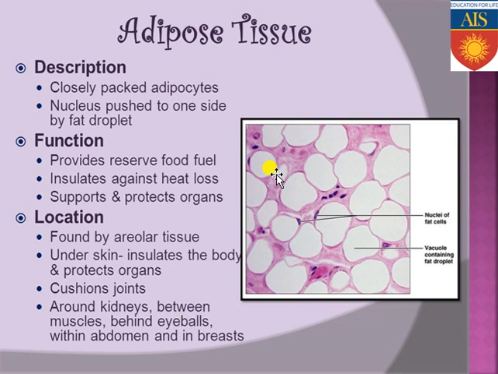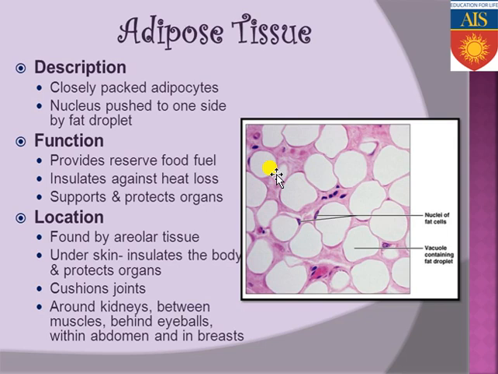Location: obviously it will be found near areolar tissue, because just under areolar tissue the adipose tissue will be there. It is present under the skin layer, insulating the body and protecting the internal organs. It is present in the joints also, where it functions as a cushion.